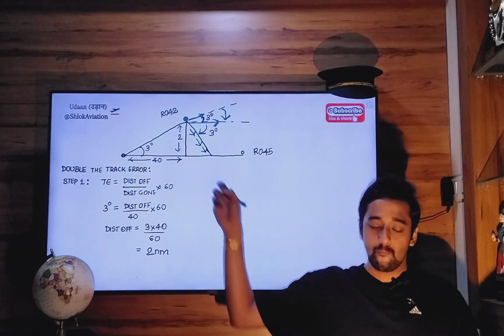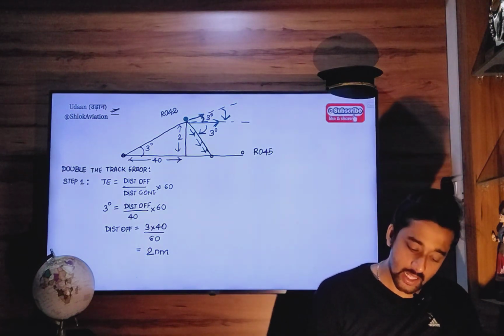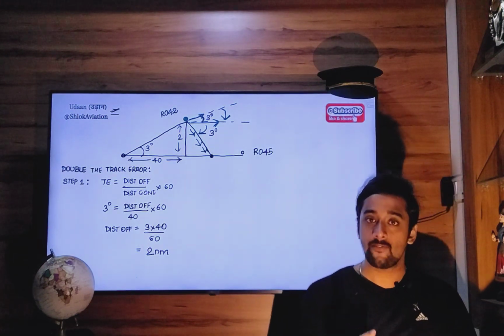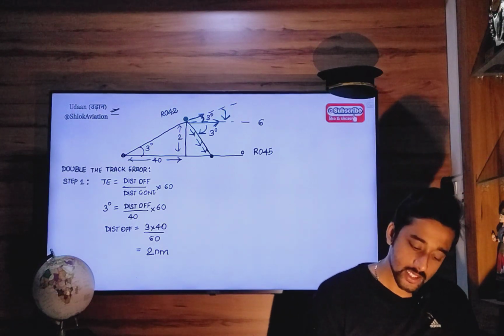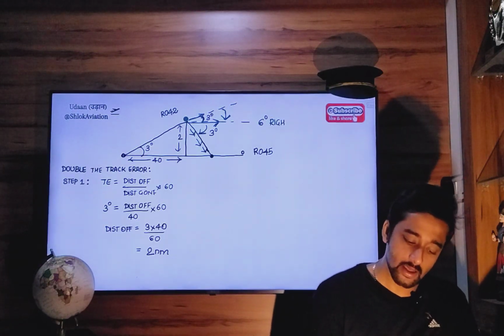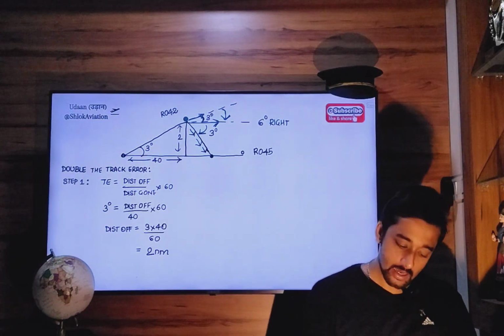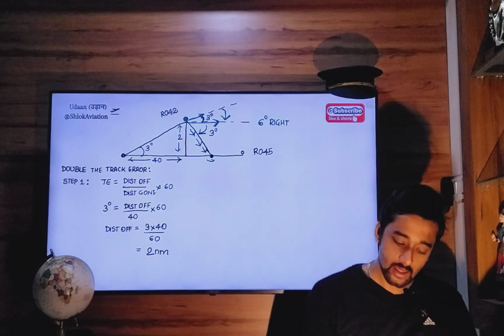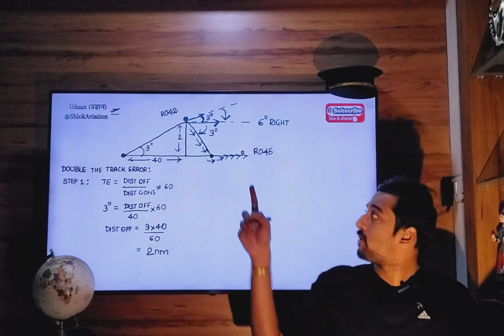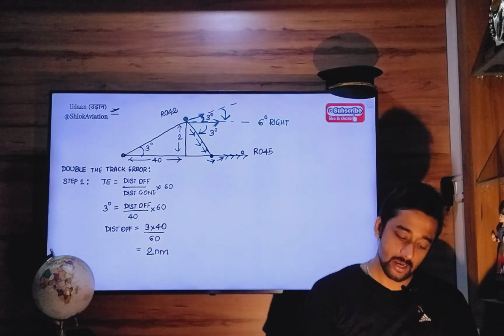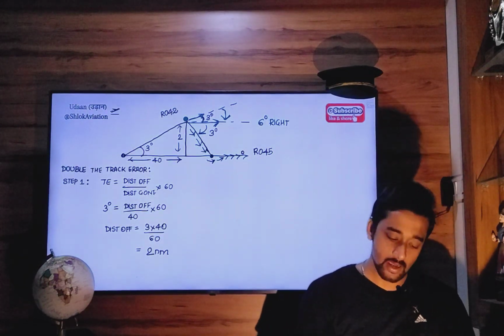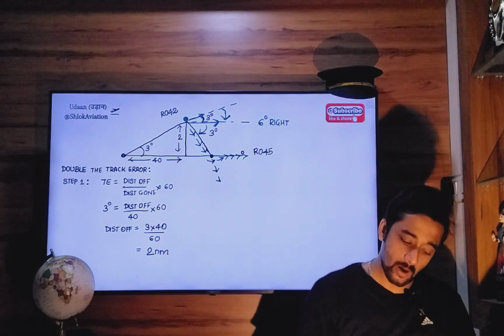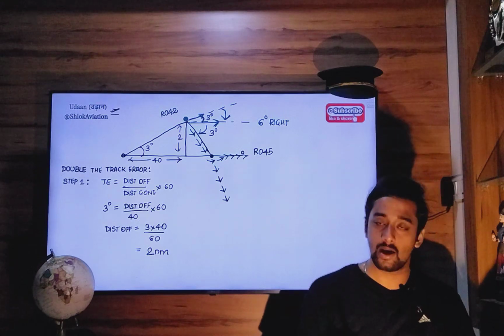Now when we come back to our original radial, which is radial 045, this is in total a 6-degree right turn, we will have to again make a left hand turn so as to fly on this radial outbound like this. Otherwise, what will happen if we don't make that alteration in heading? We will continue flying outbound like this, away from that radial again.